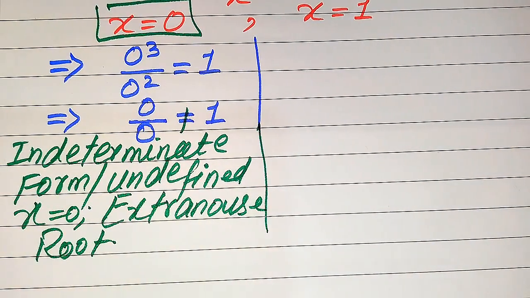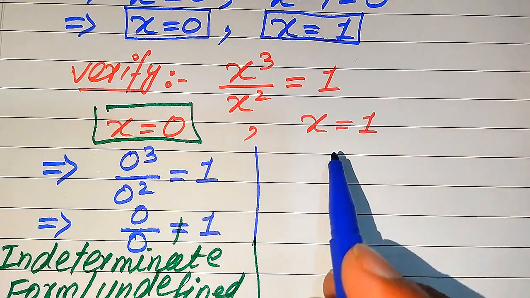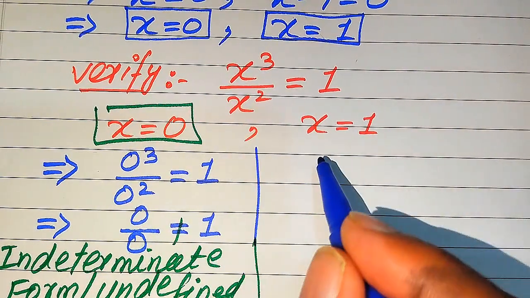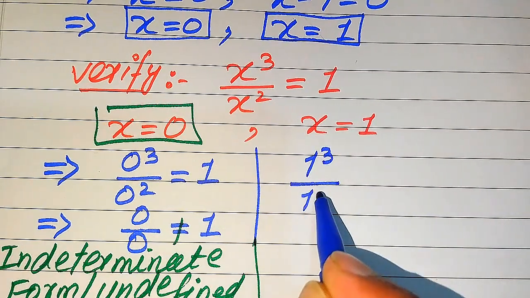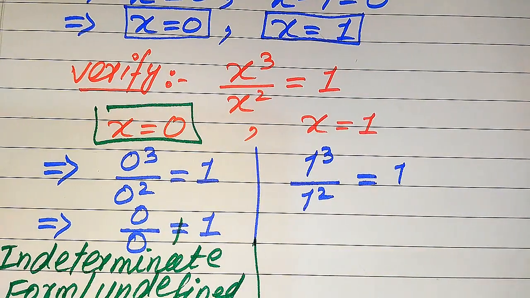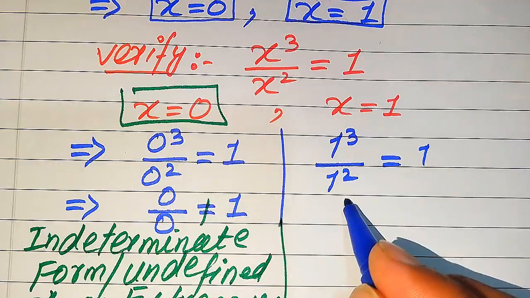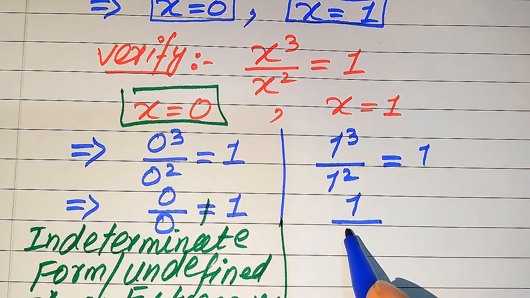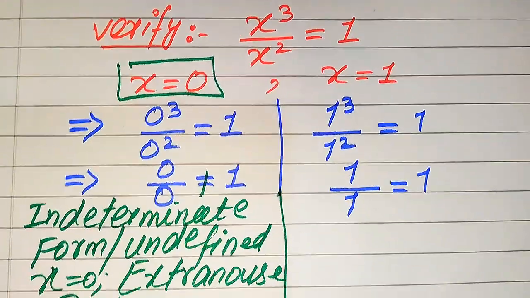And further, in the next step we move toward the second solution, and here we substitute this value of x into the left hand side. After substituting this, it becomes 1 cubed divided by 1 squared equals 1, and further we have 1 cubed equals 1, and 1 squared is also equal to 1, and this whole equation is equal to 1.